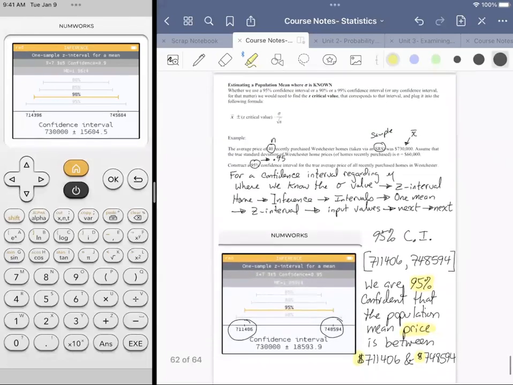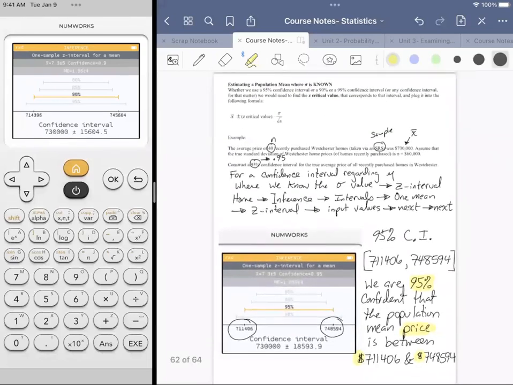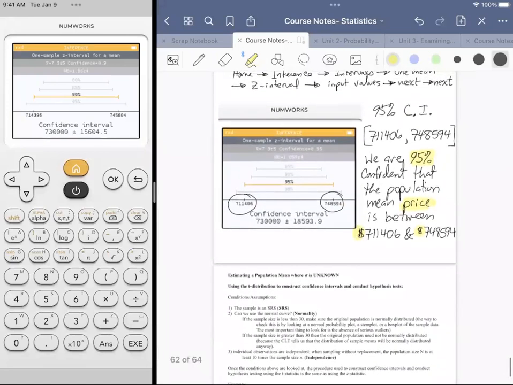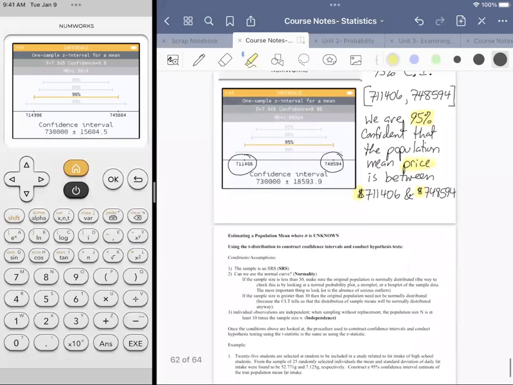But that's the case where the population standard deviation is known. If the population standard deviation is not known, right, so that's the next one.